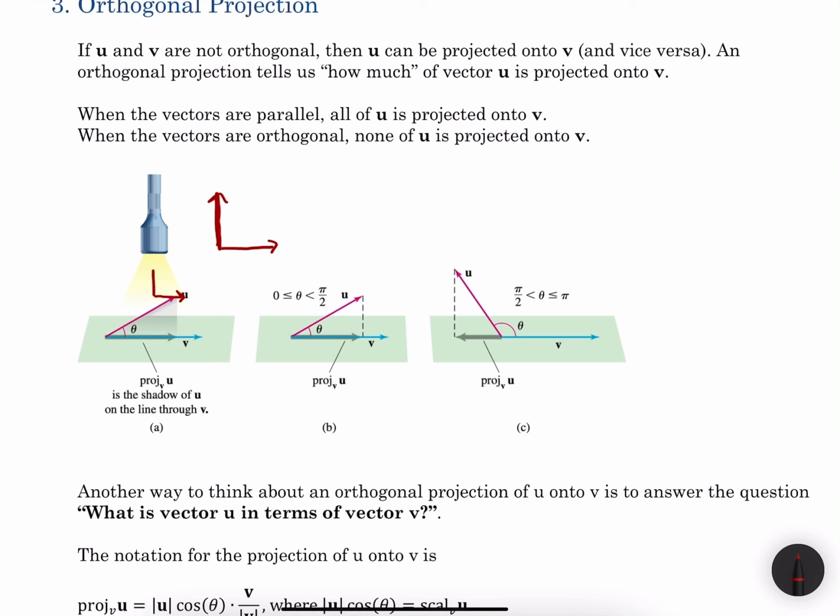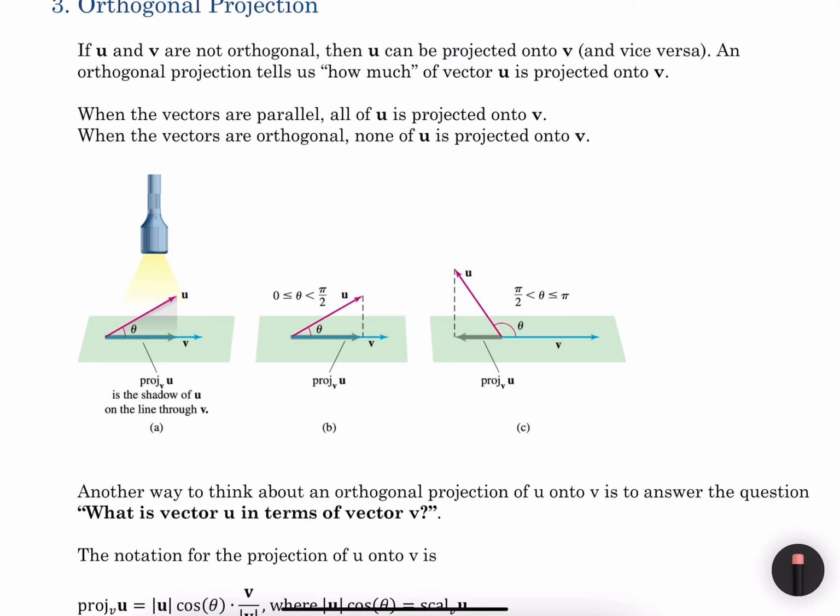But anytime the vectors aren't perpendicular to each other, one vector has to be kind of on top of the other. If you again conceptually imagine shining a light down from the viewpoint of the vector that's on top, then that vector is going to cast a shadow onto the other vector. And this is what we call an orthogonal projection, because the view is perpendicular.